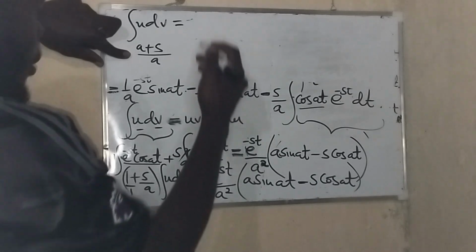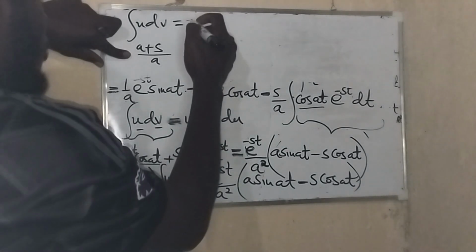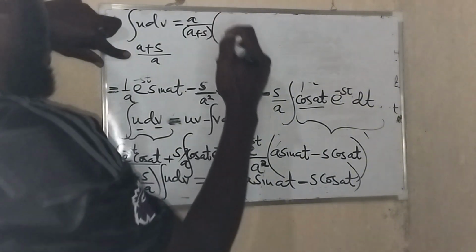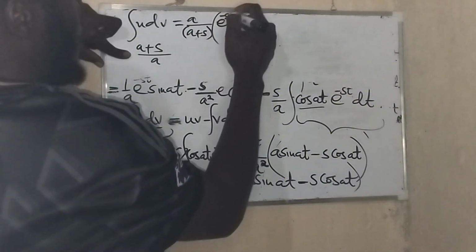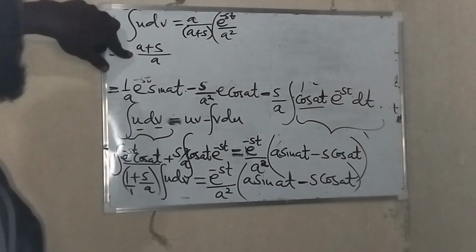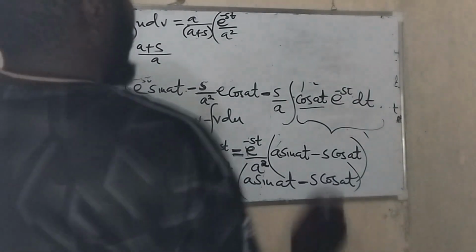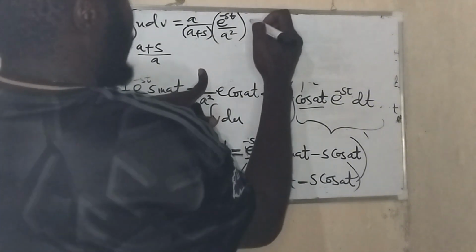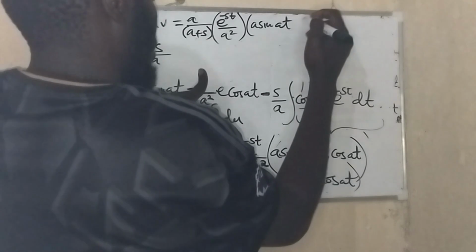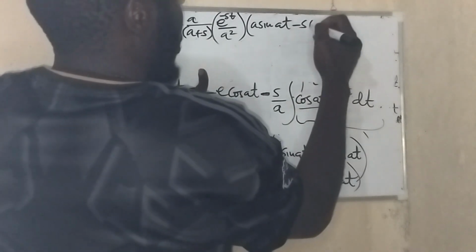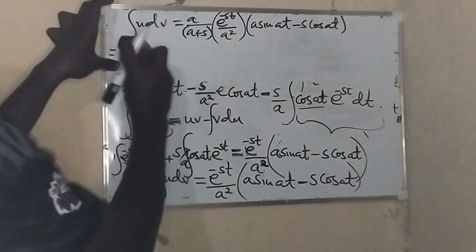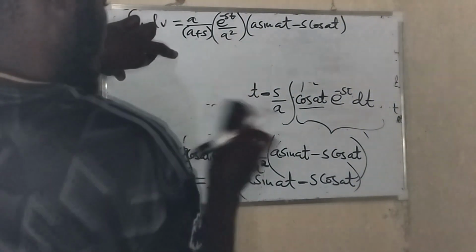So when you divide on both sides, you should have a over a plus s, then times exponential negative st over s squared, then you have a sine at minus s cos at. So we have our integral there.